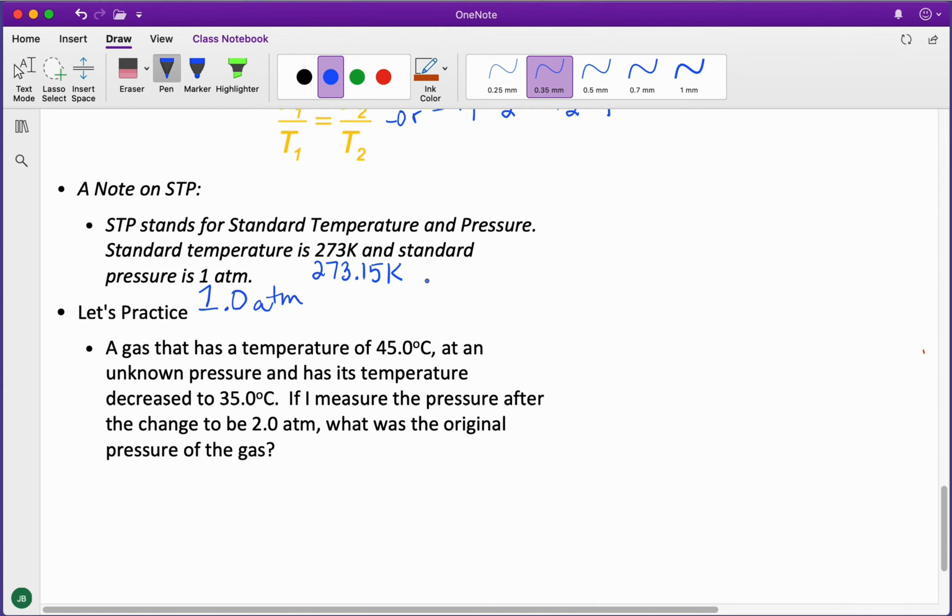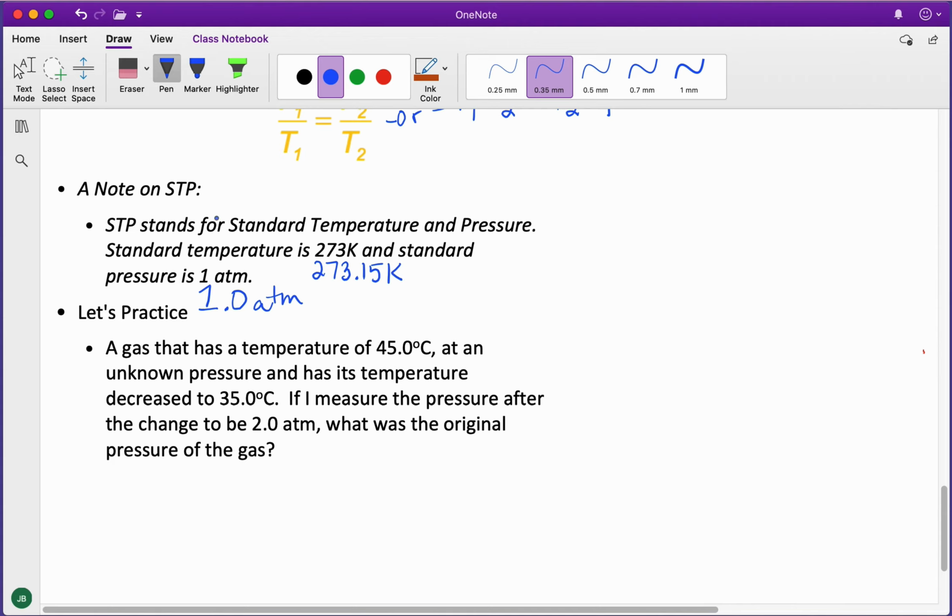So you may see in some of the problems that you have to do for homework or any of your worksheets, them talking about standard temperature or standard pressure, or saying that an object is at standard temperature and standard pressure. It is at STP. And when it's going to say those things, it's not going to give you the numbers.